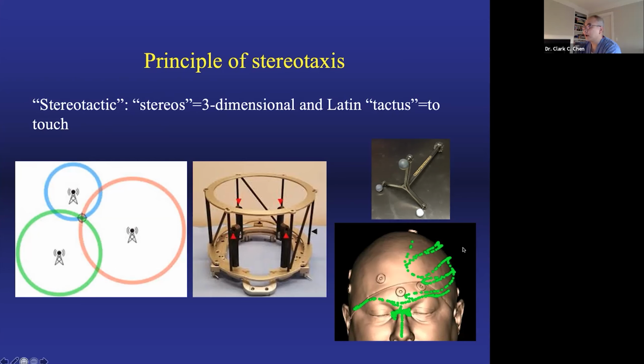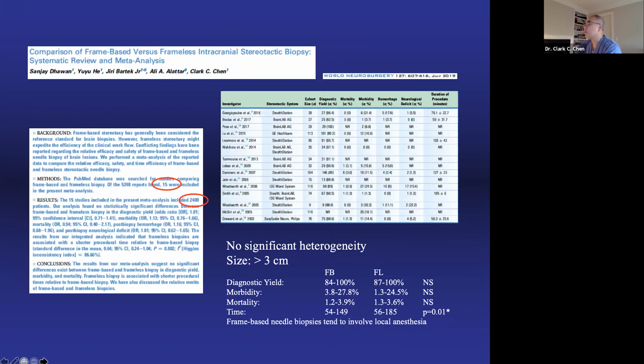In frameless biopsy, we're defining those geometric relations relative to your fiducials, as shown here by the BrainLab system, and certainly there are multiple systems that can be used. And we essentially are defining the surface features relative to these fiducials and then calculating the lesion relative to these spatial orientations. Those were historically what we've used.